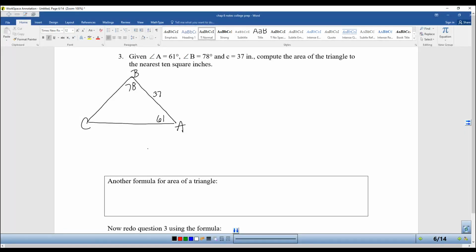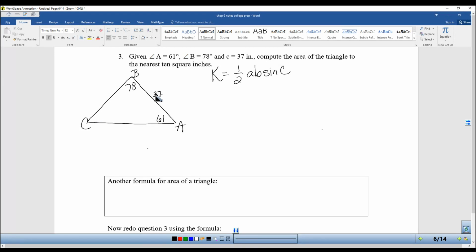So I don't have what I need this time. Remember that K is equal to 1/2 some combination, AB sine C or BC sine A. So the question is what to do now. You still need to find one more side. Well, you can use the law of sines for that.